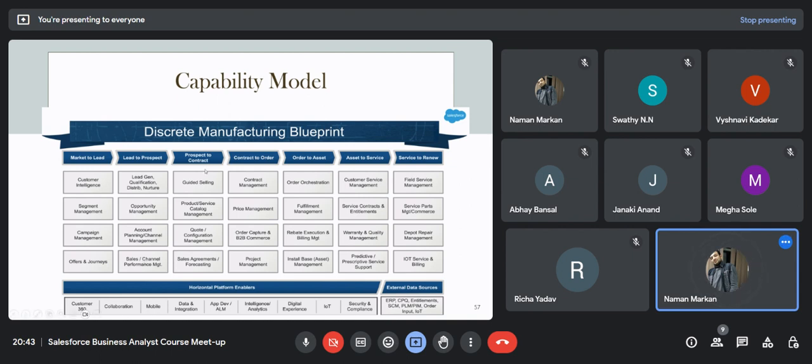Once it's done, the prospect is now going to be nurtured enough to understand whether they are contracted enough for another step.